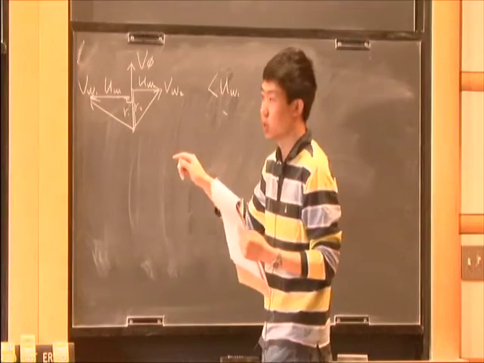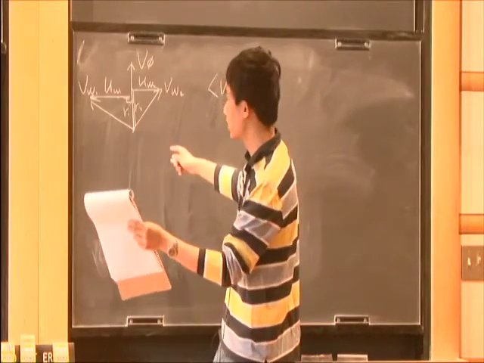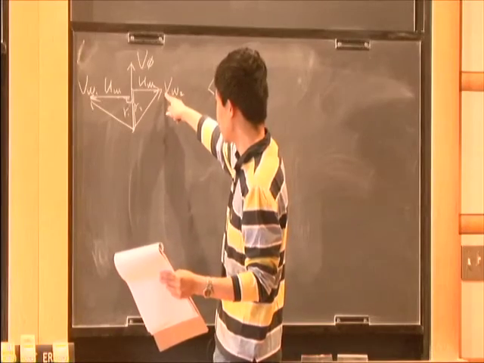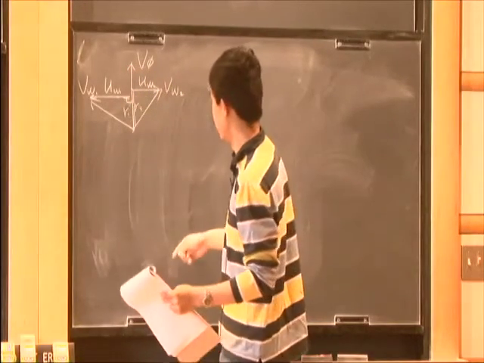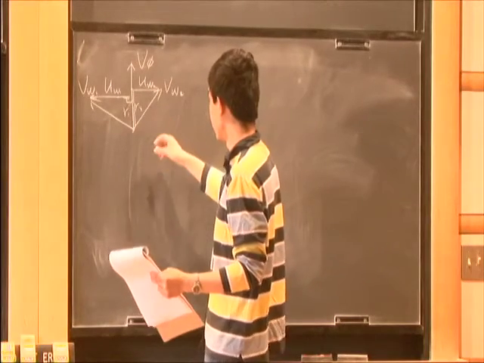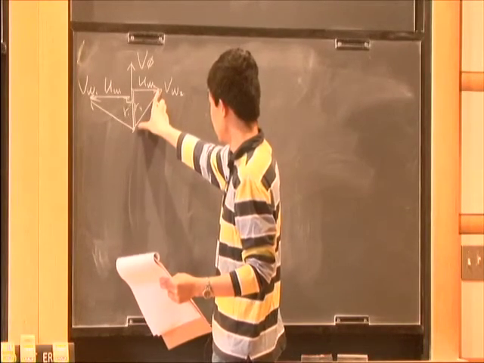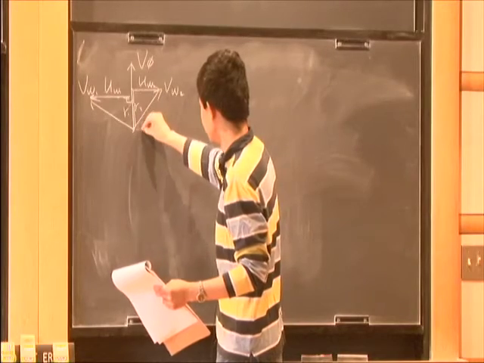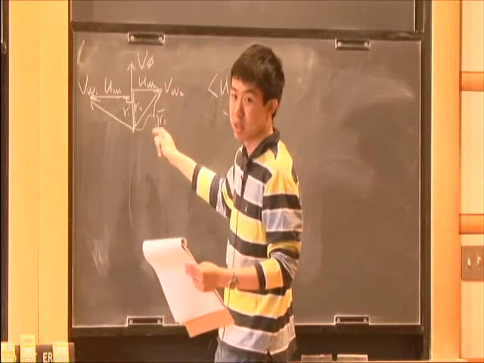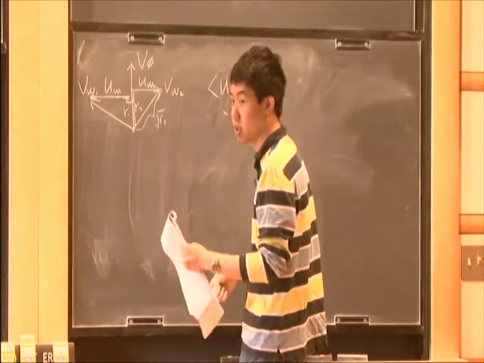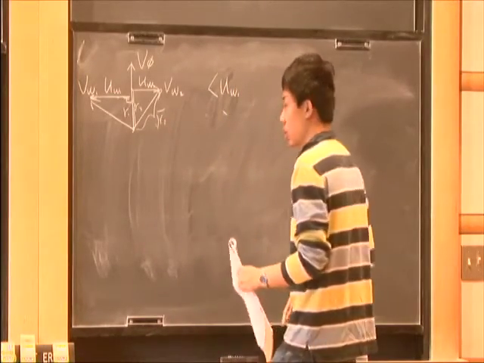It's R2 because the probability is exactly the inner product of VW2 and V0. So the length of this vector VW2 is actually square root R2 because its inner product with itself is also the same thing.